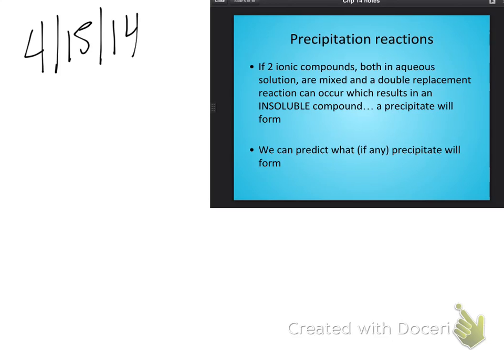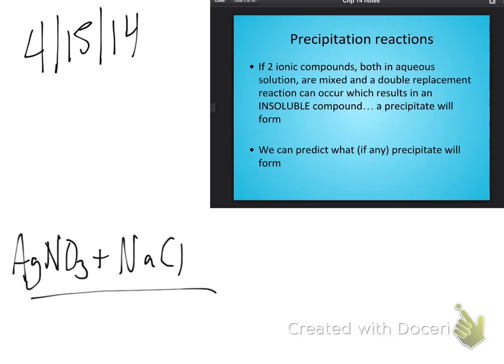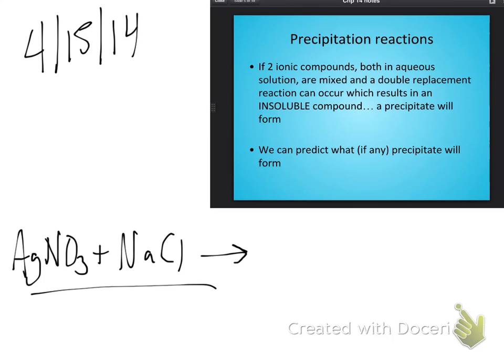So let's take, for example, our silver nitrate, AgNO3, and let's add that to sodium chloride, NaCl. Okay, pretty easy. If these things react in a double replacement reaction, can you predict what the products would be? Yes. Okay, so give me one product.